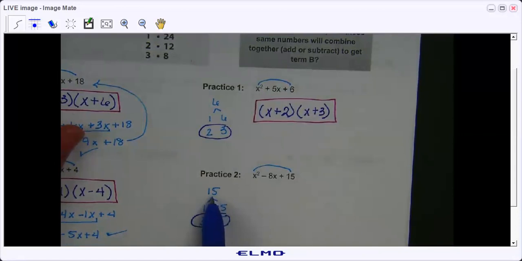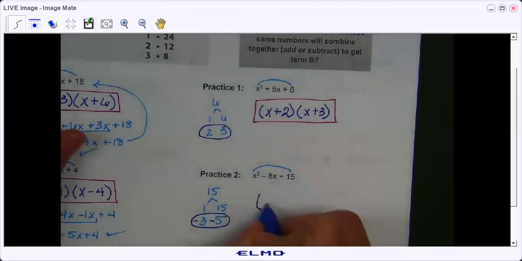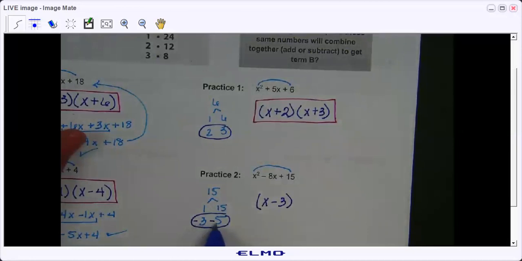If your product is positive, these two numbers either have to both be positive or both be negative. Since our middle term is negative, both of those are going to be negative. So we have x minus 3, x minus 5. -3 minus 5 is a -8, and -3 times a -5 is +15.